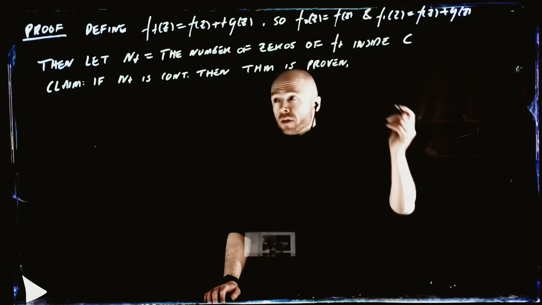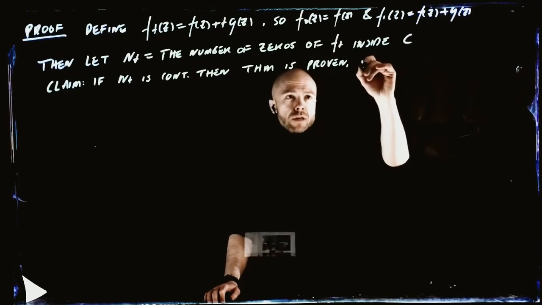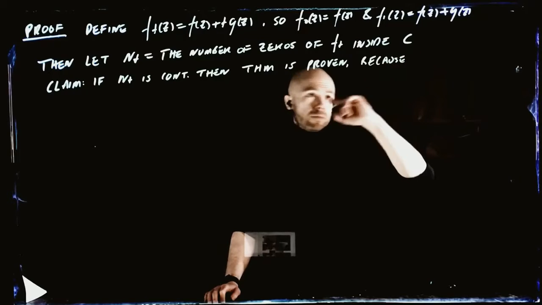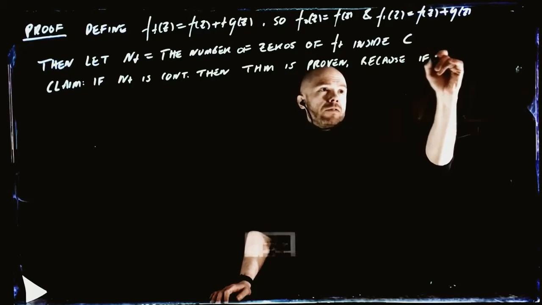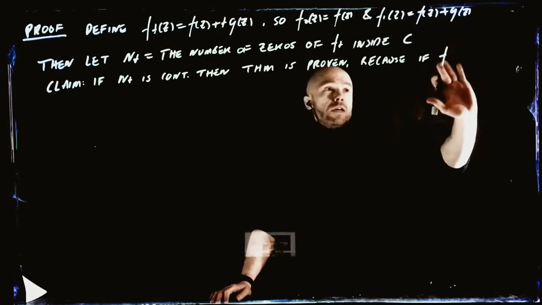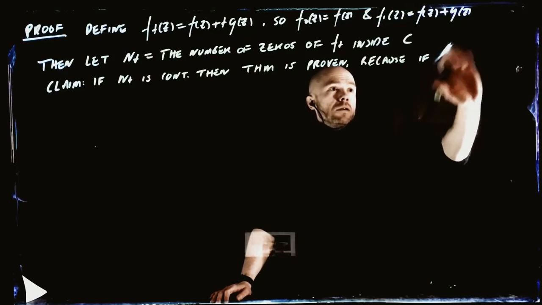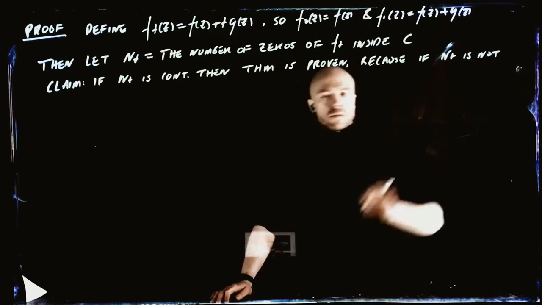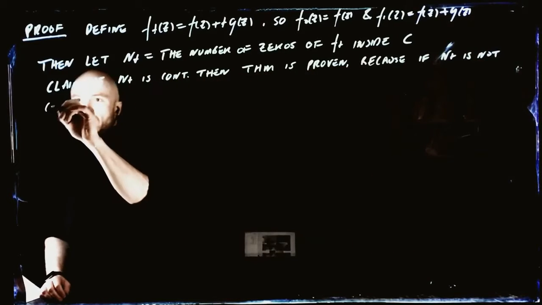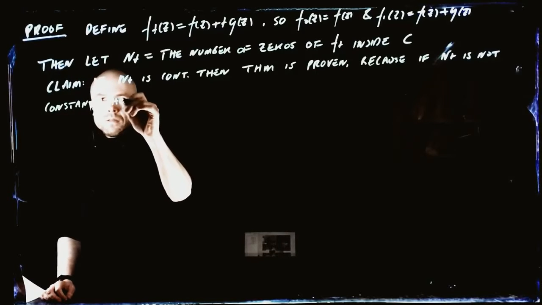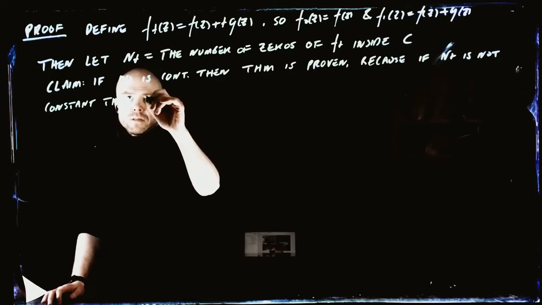And it's proven, because if n of t changes, if it is not constant, then we have a discontinuity.